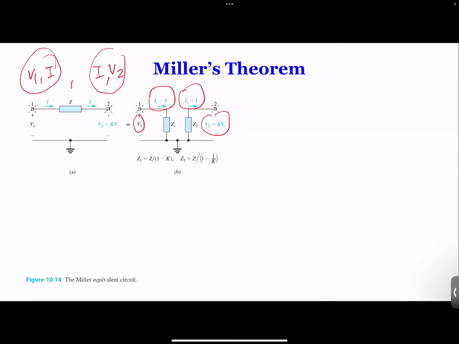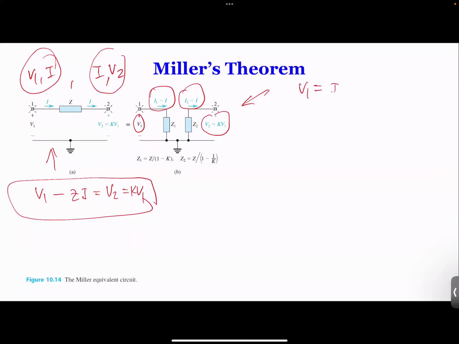In the earlier case, you have V1 coming in minus Z times I, and that gives you V2, which equals K times V1. That's the equation for this circuit. For the second circuit over here, we have V1 equal to I times Z1, and V2 equal to I times Z2, and then V2 equal to K times V1.